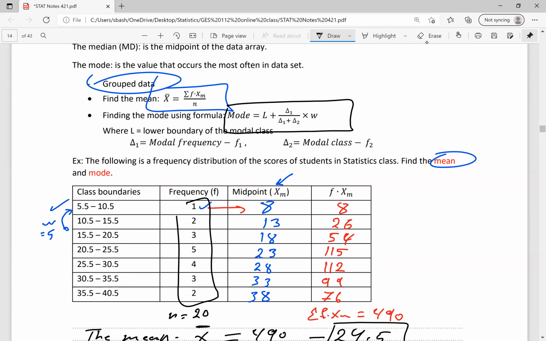Delta 1 is the modal frequency minus f1. Delta 2 is the modal frequency minus f2. What do we mean by the modal frequency?